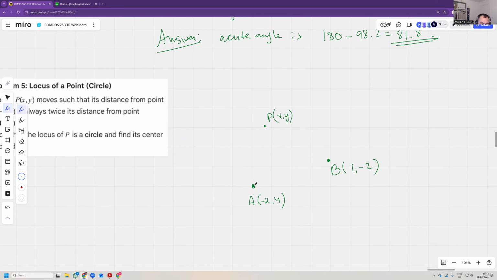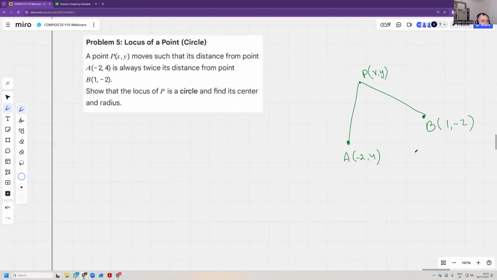Now we know that these distances are related. It says the distance from point A is always twice the distance from B. So the distance PA is always twice PB. In other words, PA is double PB.